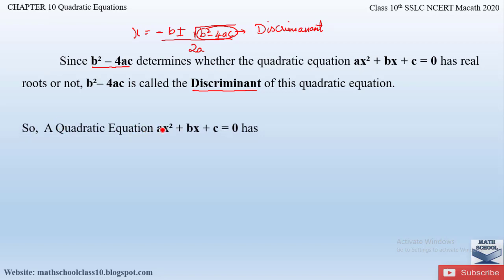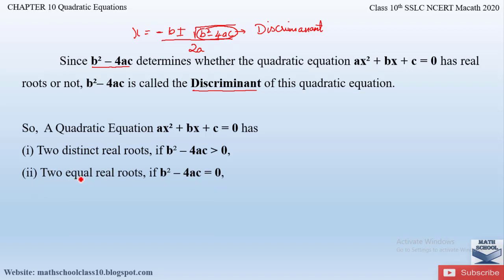A quadratic equation ax square plus bx plus c equal to 0 has two distinct real roots if b square minus 4ac is greater than 0, two equal roots if b square minus 4ac is equal to 0, and no real roots if b square minus 4ac is less than 0. So these are the three cases in which we can find out the nature of roots for a given quadratic equation. I hope you have understood what this discriminant, the value of b square minus 4ac, is.